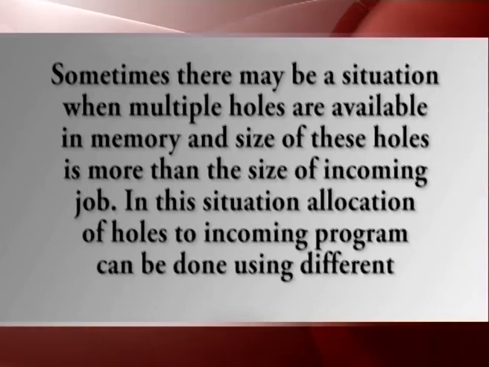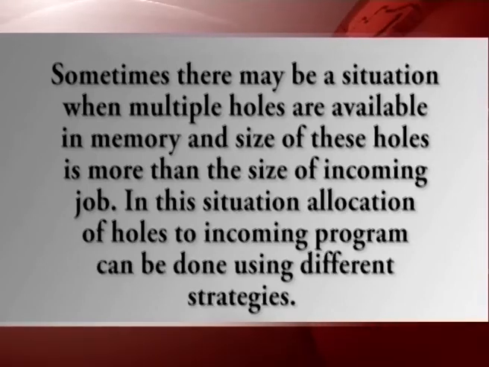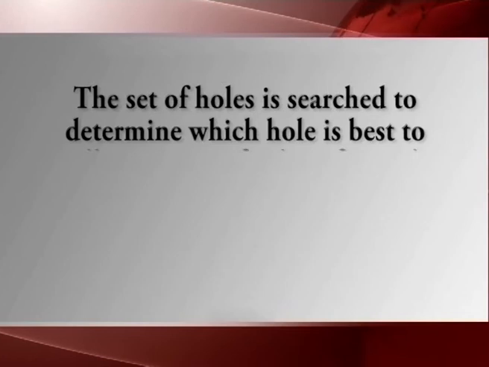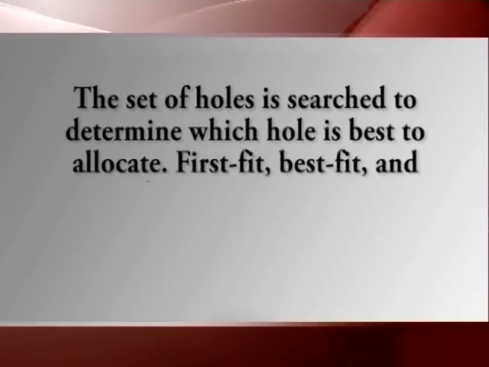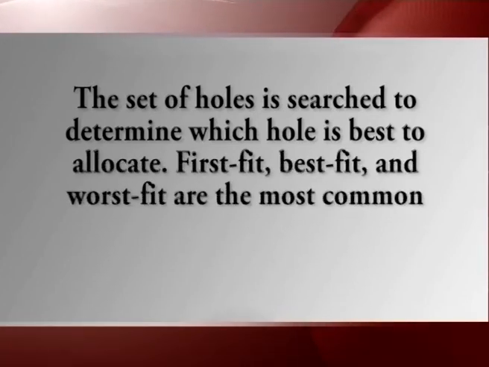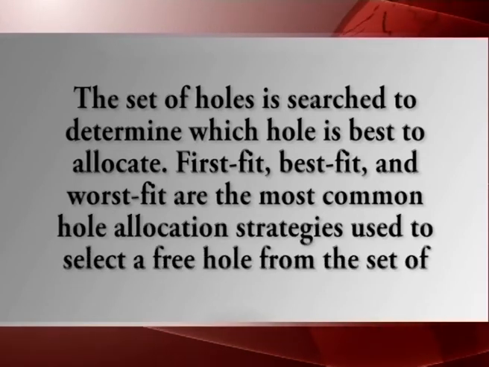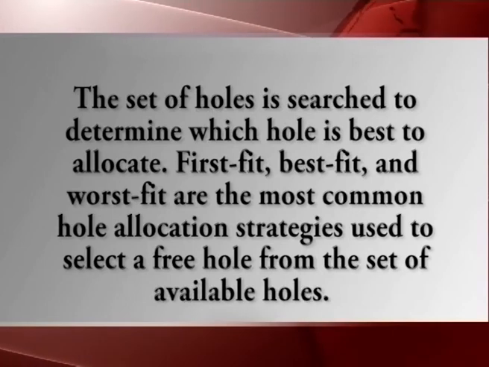In this situation, allocation of holes to an incoming program can be done using different strategies. The set of holes is searched to determine which hole is best to allocate. First fit, best fit and worst fit are the most common hole allocation strategies used to select a free hole from the set of available holes.